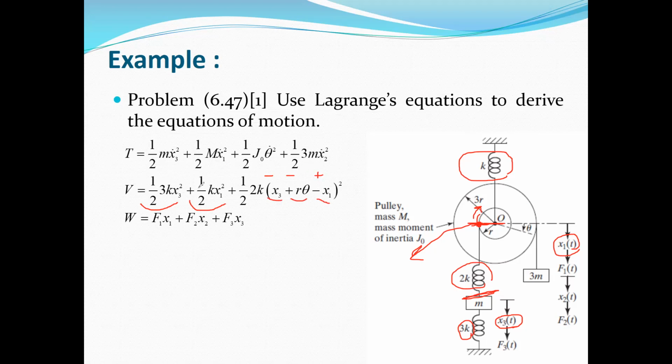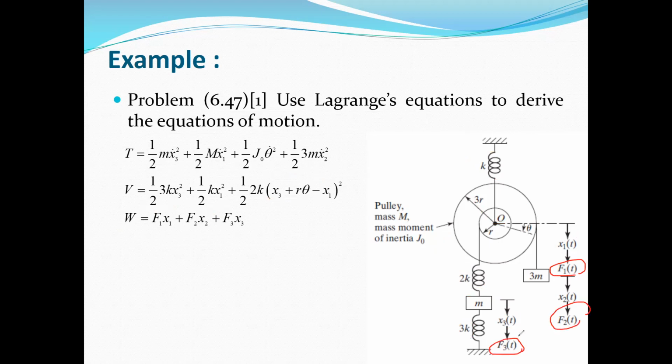Okay, so this is the potential energy, and as you can see, we neglect the weights because these masses create some initial deflection in the springs, so we can neglect the weight in the potential energy. And finally, the work done by the external forces: we have F1, F2, and F3. We have three external forces.